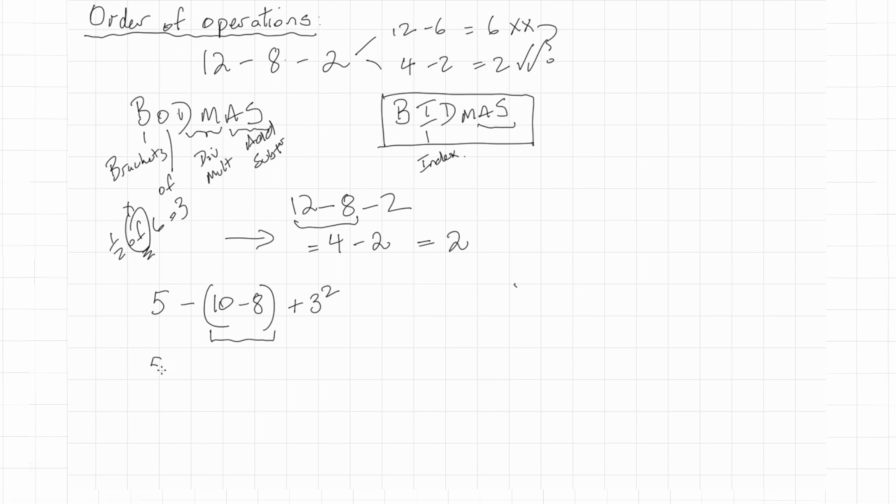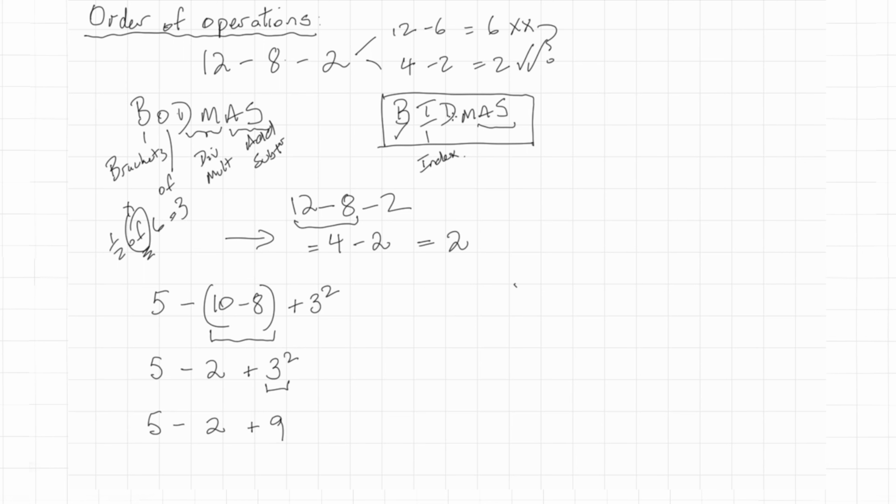So we've got 5 minus 10 minus 8 is 2 plus 3 squared. Are there any indexes or powers? Yes, there are. So this is the next one we do. We just write the rest down: 5 minus 2 plus 3 squared is 9.